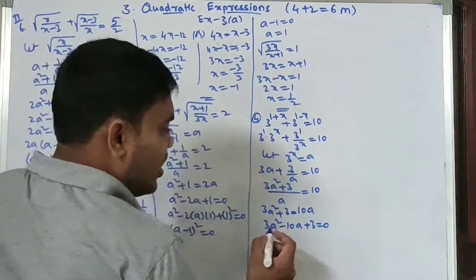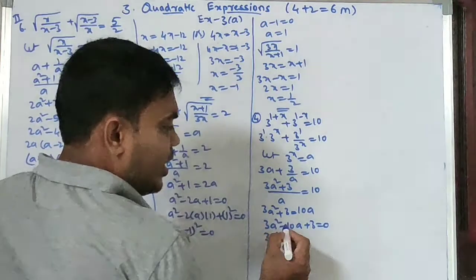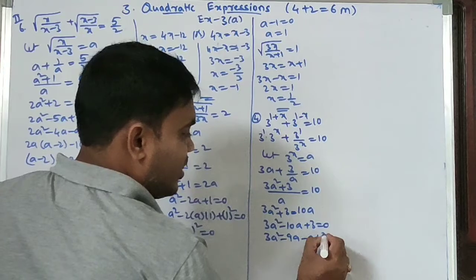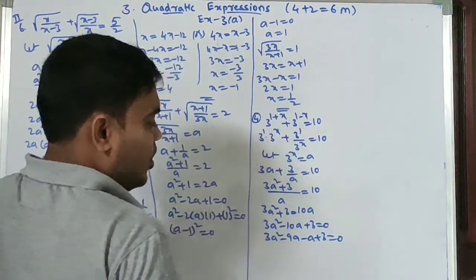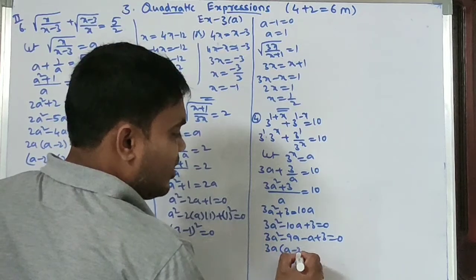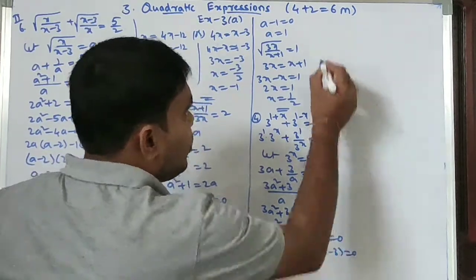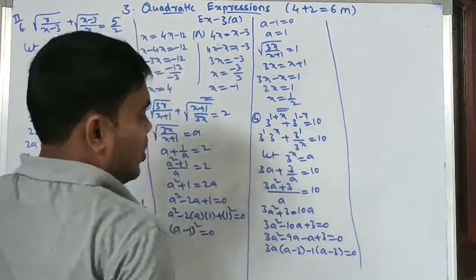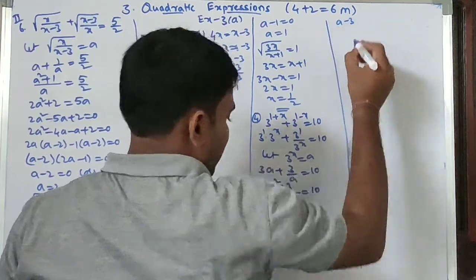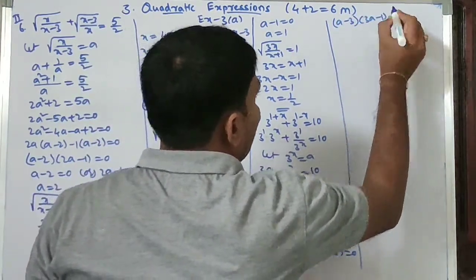So next, 3a square: 3 into 3 is 9, so minus 9a minus a plus 3 equal to 0. Taking 3a common, 3a into (a minus 3), minus 1 common, (a minus 3) equal to 0. Taking a minus 3 common, (a minus 3) into (3a minus 1) equal to 0.